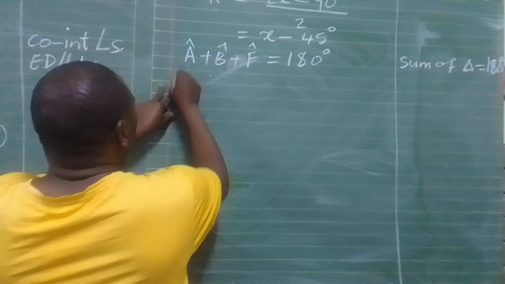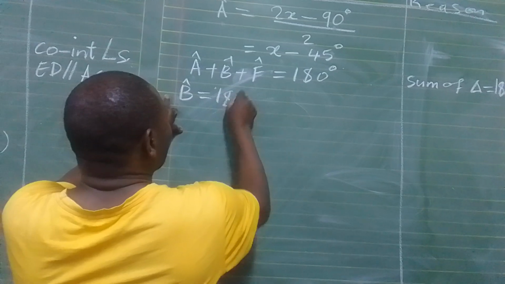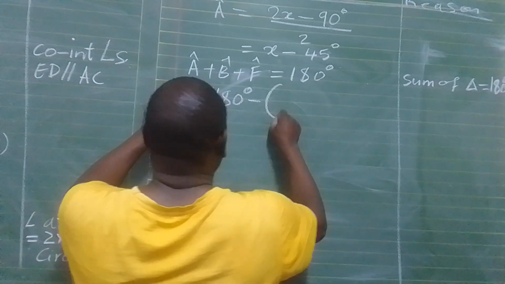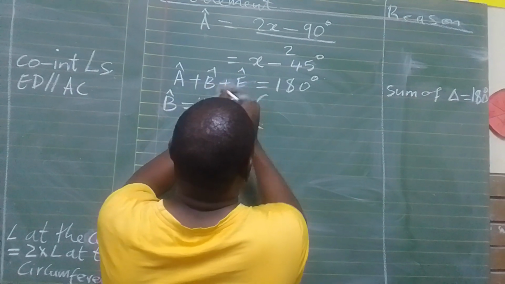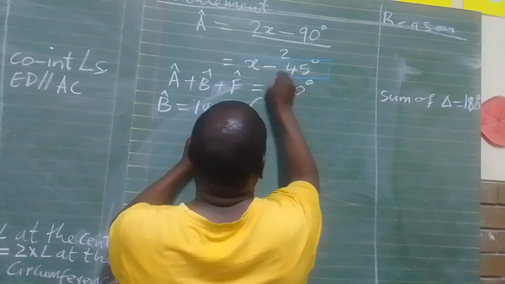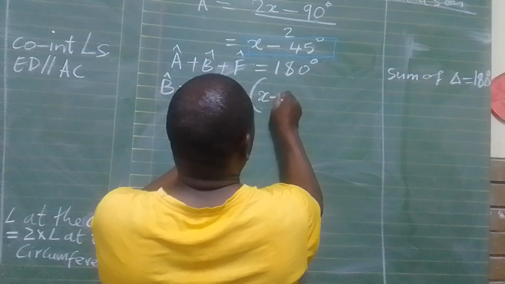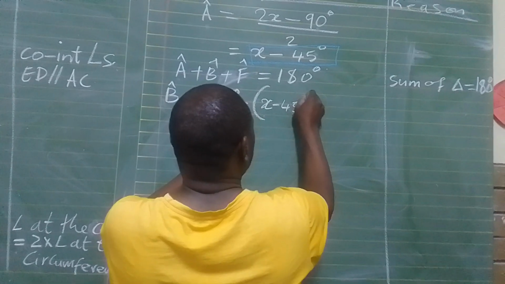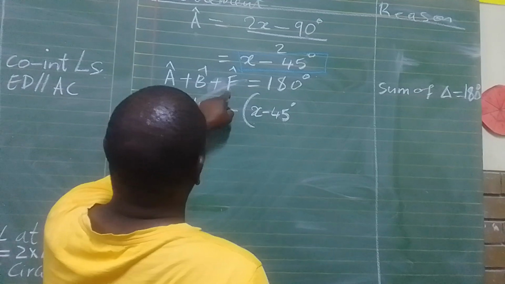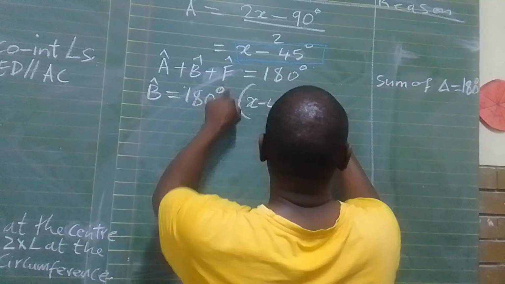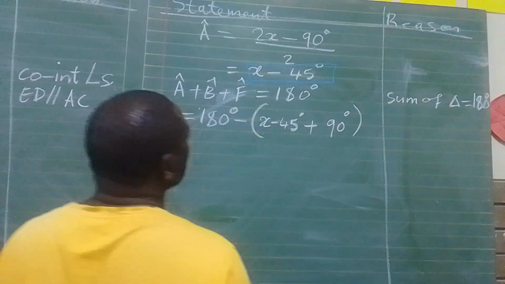So we are going to say B is equal to 180 degrees minus A, which is what we just found here, x minus 45 degrees, plus F, which is 90 degrees. We have calculated that before.